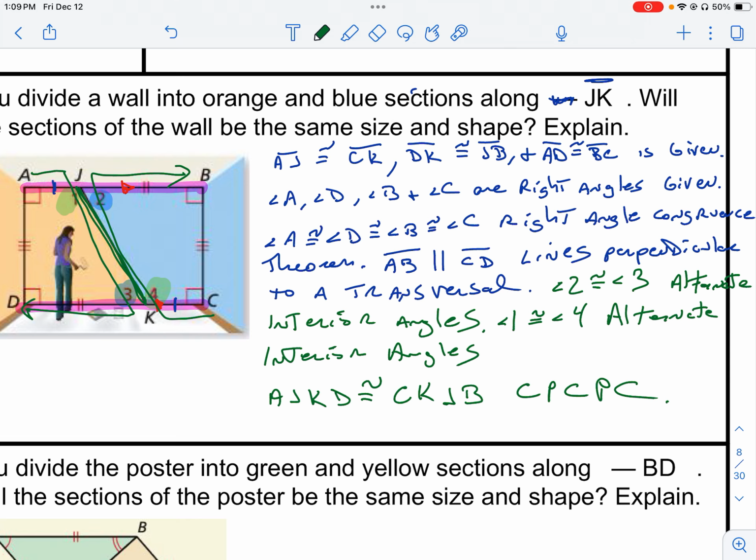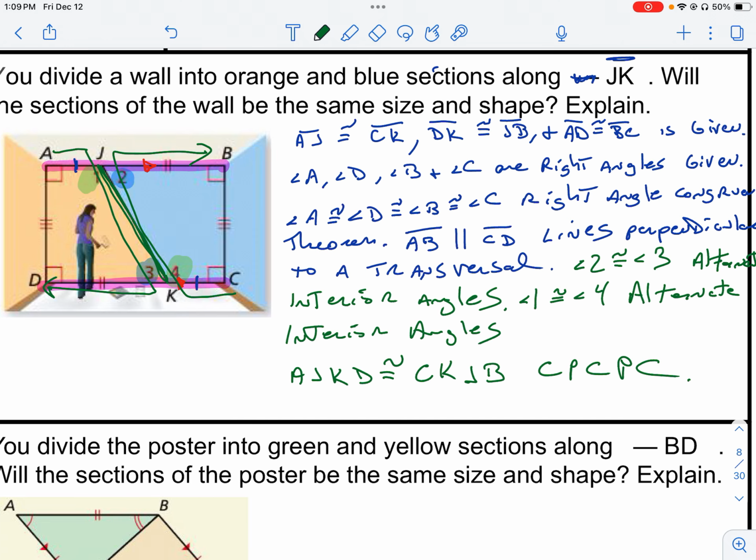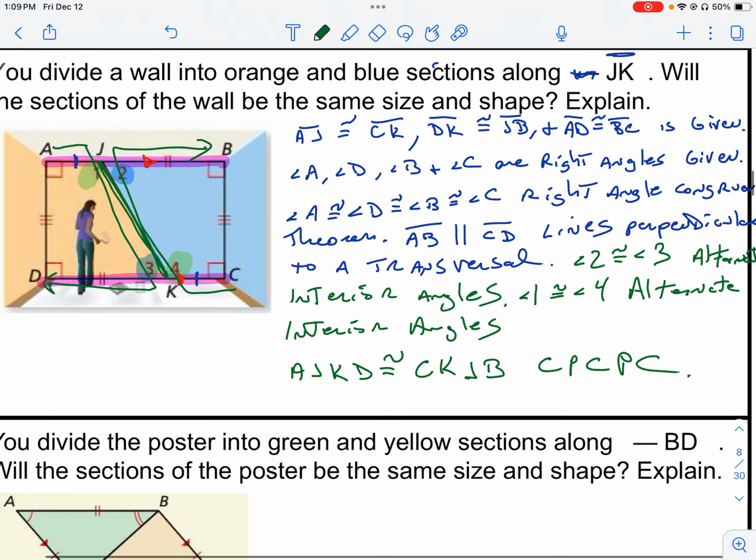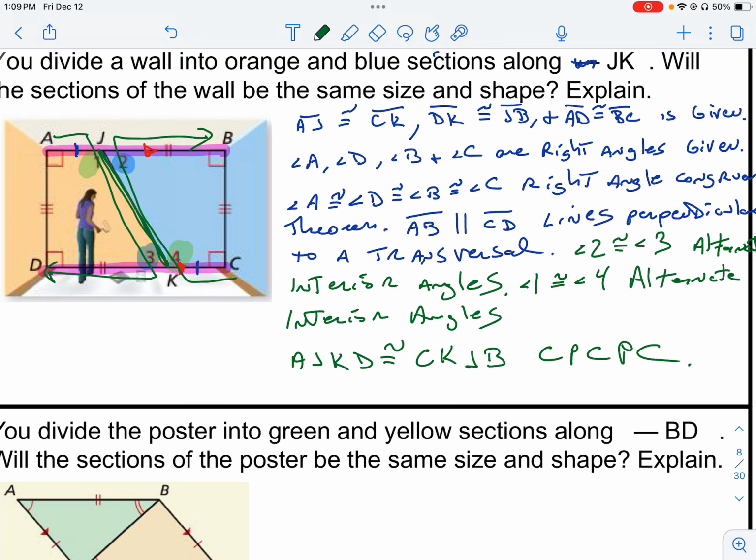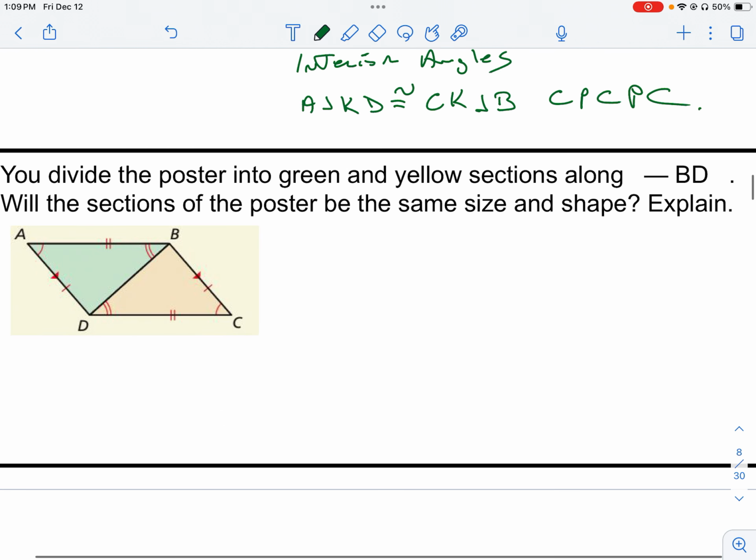Four congruent sides, four congruent angles. We line them all up, and we have congruent wall sections. We use the same amount of blue paint as we do orange paint. Good for you, Denver Broncos fans.